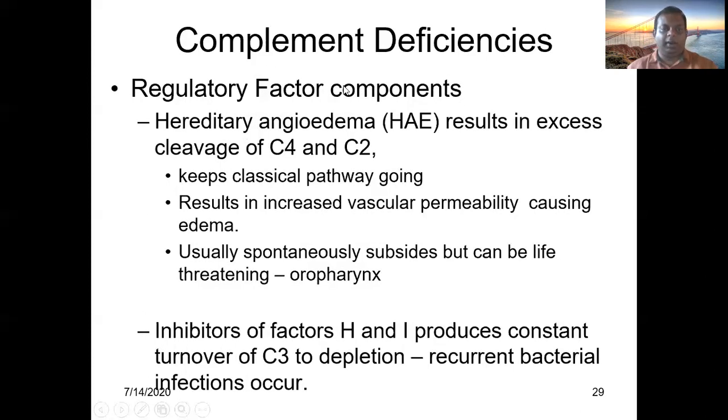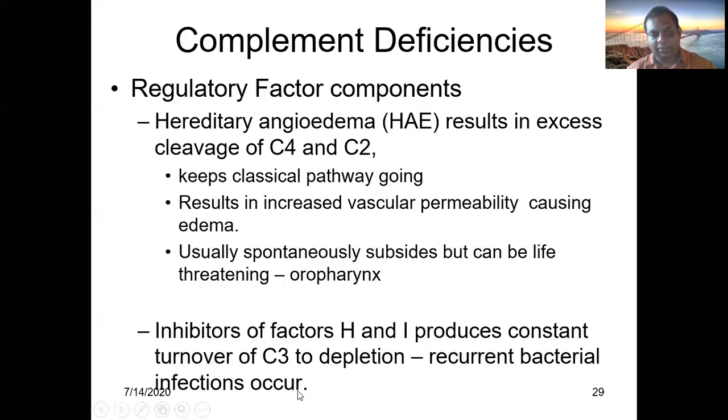About the regulatory component deficiencies: hereditary angioedema results in excess cleavage of C4 and C2, which keeps the classical pathway going. There is also an inhibitory factor deficiency: deficiency of inhibitor factors H and I produces constant turnover of C3, depleting it.